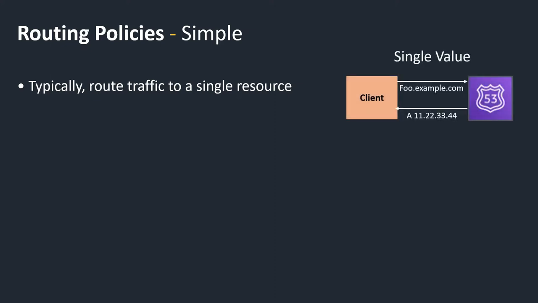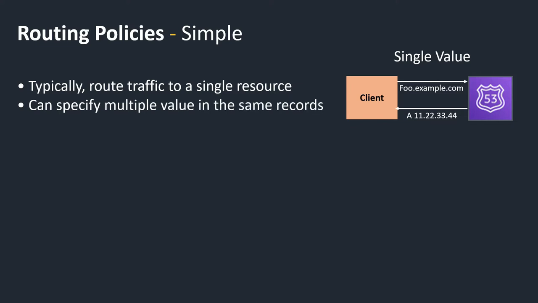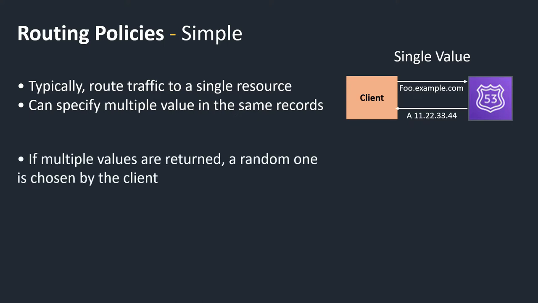The client says, hey, I want to go to foo.example.com, and Route 53 will say, hey, go to this IP address, and this is an A record. It is possible for us to specify multiple values in the same record, and if multiple values are returned by the DNS, then a random one will be chosen by the client side.